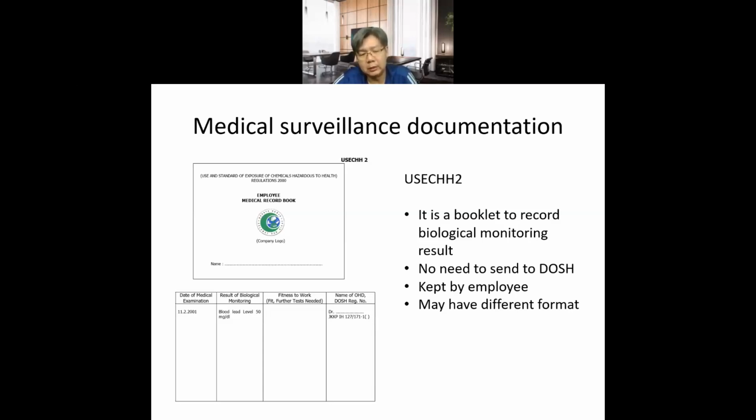So I guess the company will have their own way of recording all these medical surveillance biological monitoring results. I think this is useful if you can provide it for your workers, so you will be able to track, for instance, the blood lead level over the years for every employee.